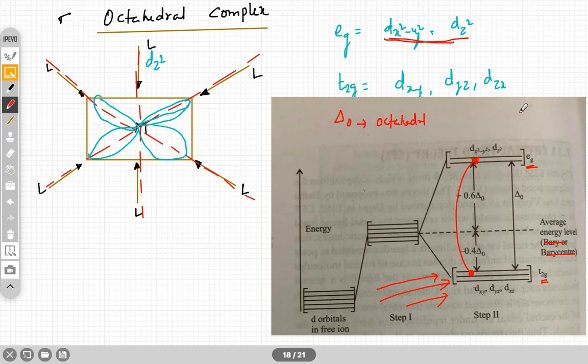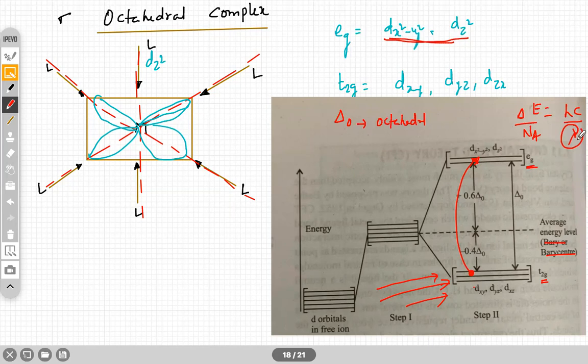You can write delta E is equal to Hc by lambda. Per mole, if you do, then you have to multiply by Na. This energy gap is nothing but CFSE, that is, CFSE is equal to Na times Hc by lambda. From all these values, you can find out the wavelength which is getting absorbed in this process.